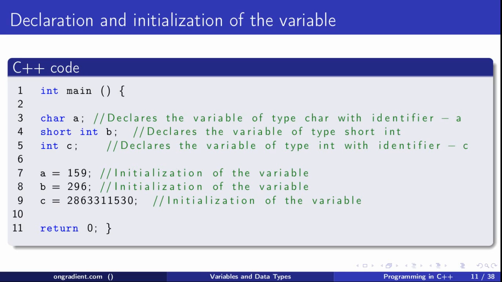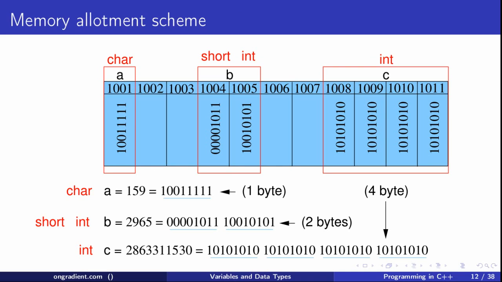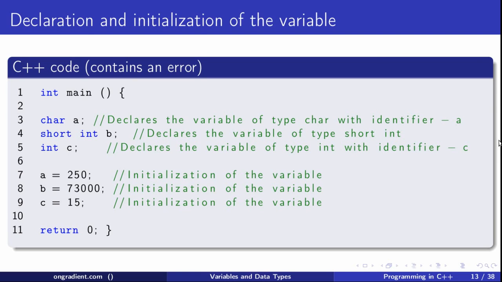The amount of information that you store in a variable must not exceed the amount of memory reserved for your preferred type of variable. Let's say you wrote the following code. The variable a contains the number 250. The char type allows it. The variable b cannot contain the value 73,000.